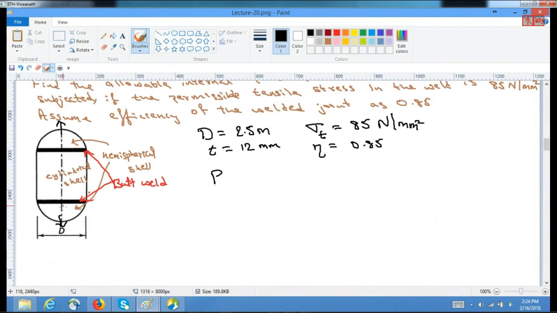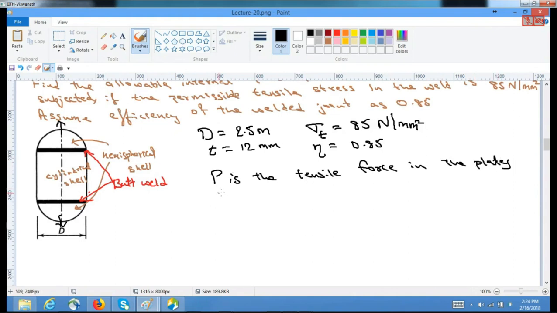So let us calculate the tensile force in the plates.